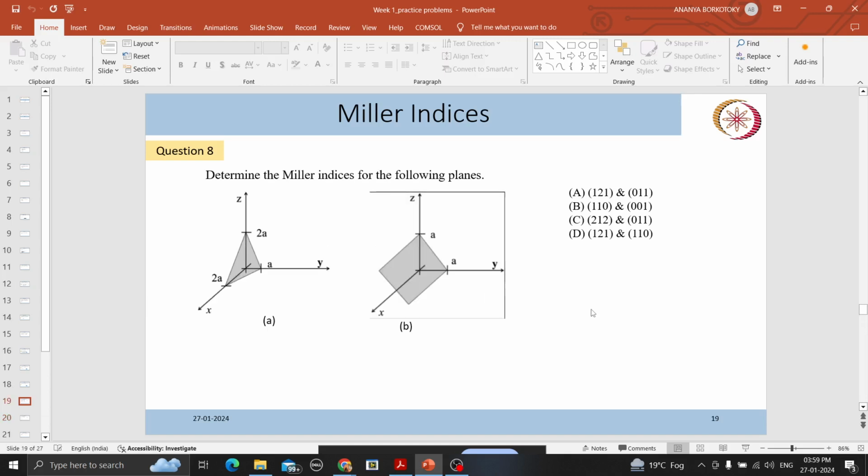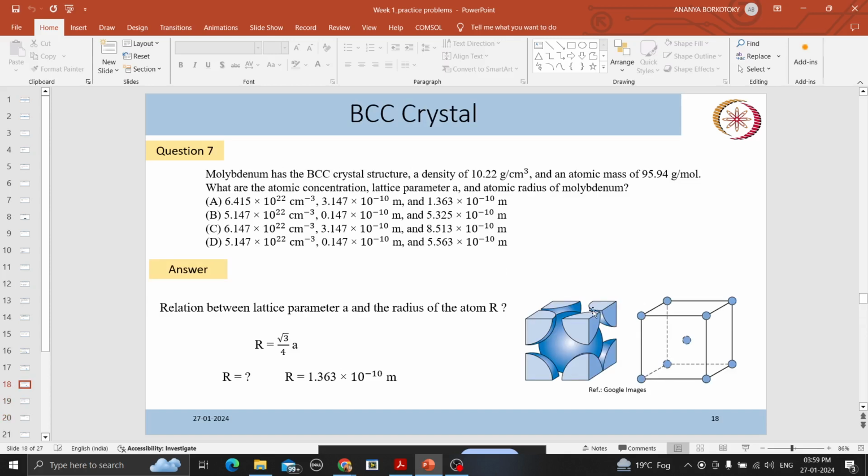So, for different crystal structures, different planes will have different atomic density, right? For different materials also. So that will actually determine the properties of the material.